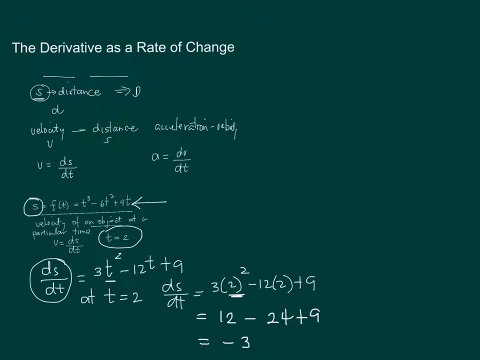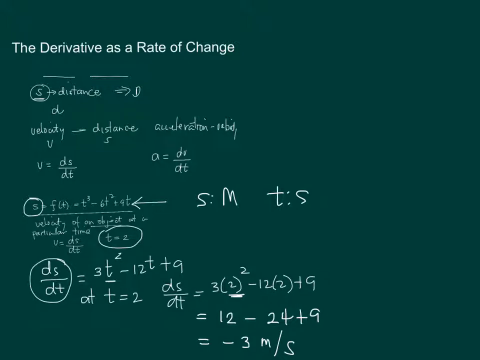That means the velocity of the object is negative 3; say if the unit is meters for the distance, and the time is in seconds, then the velocity is negative 3 meters per second.